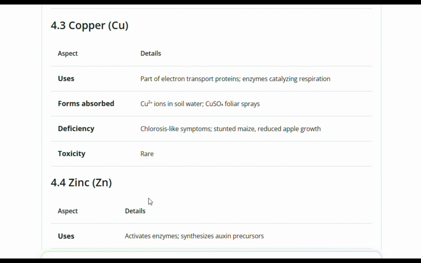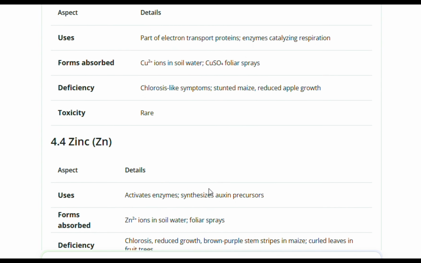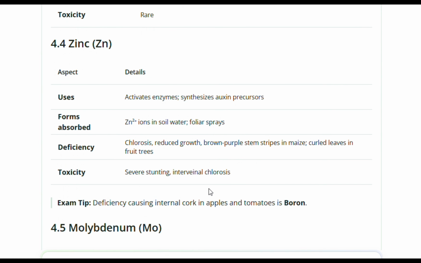Then the form absorbed is what? Zn2+ ions in soil water. Deficiency: chlorosis. Okay, it also has chlorosis.